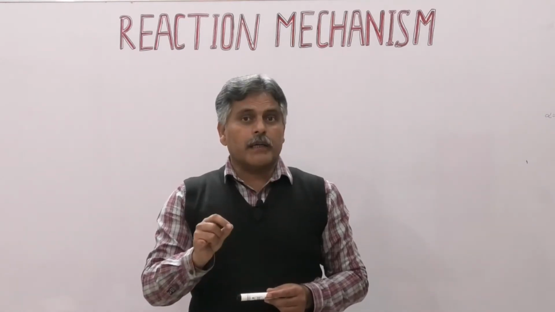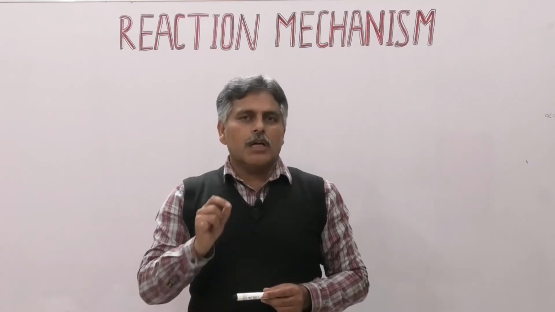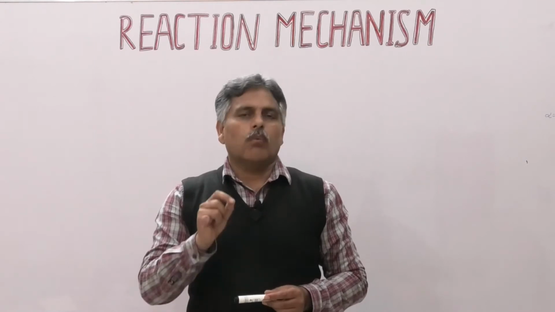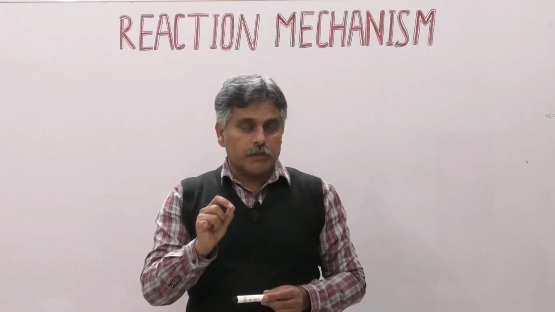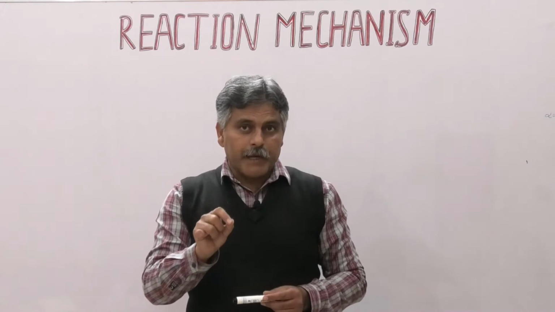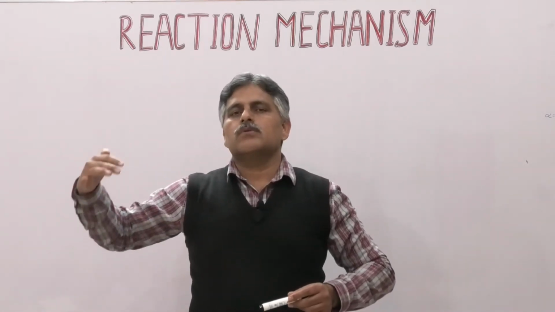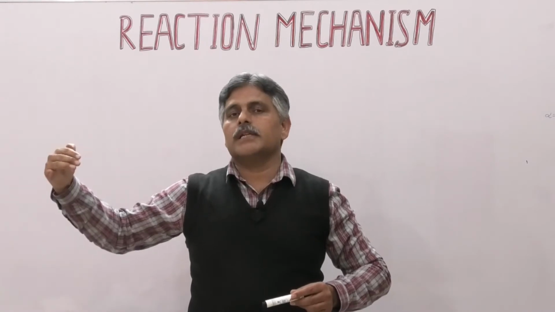In the SN2 mechanism we propose that the incoming nucleophile attacks from the opposite side of the leaving group. It means that wherever the leaving group is present, the attacking group attacks from 180 degrees, just behind the leaving group.